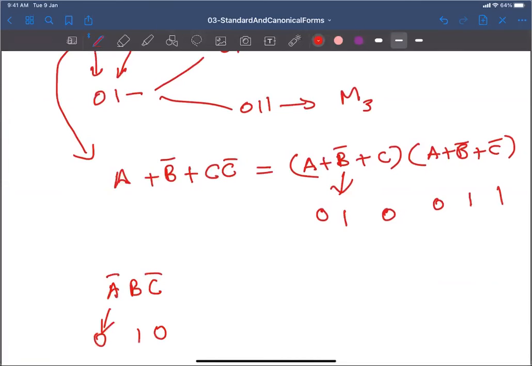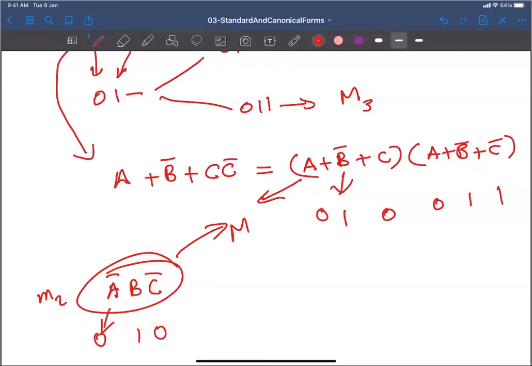I just took the complement of this to see if we are doing the right thing. The complement of this is going to correspond to minterm number 2, so this is going to correspond to max term number 2. So for uncomplemented variables, you get a 0 in a max term, and for complemented variables, you get a 1. So this is the way to do it.